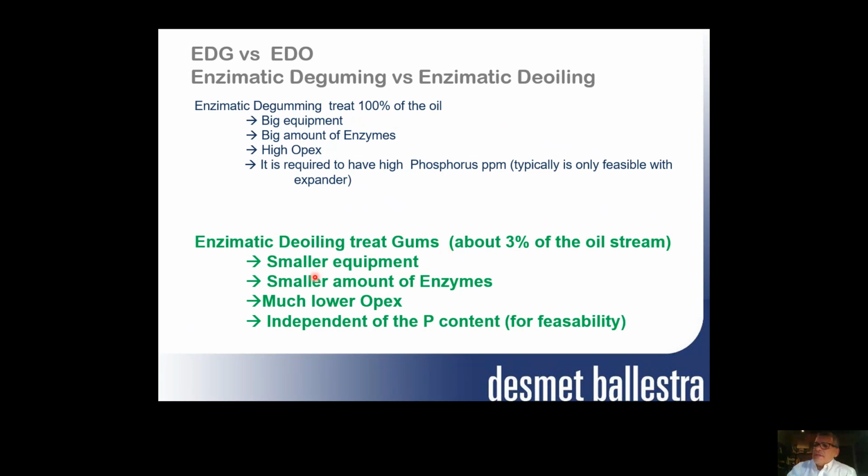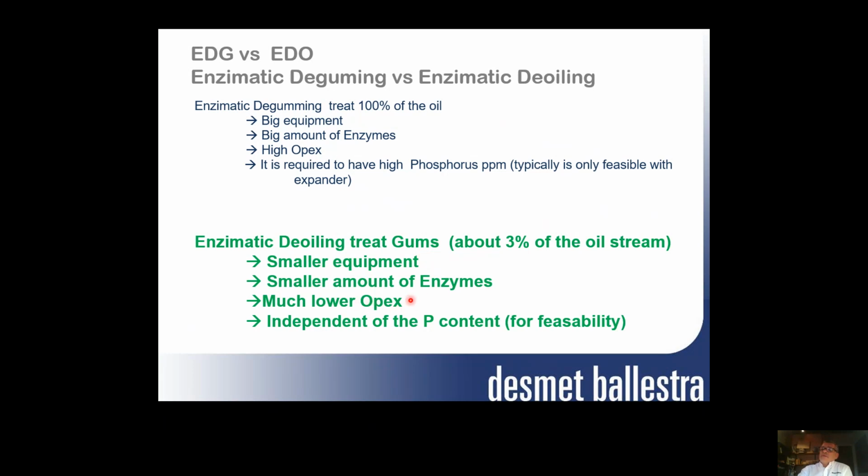So naturally, with a similar density, it is much smaller equipment, a smaller amount of enzyme, which is the most important, which leads us to a much lower OPEX, the operational expenses, because the enzymatic consumption is lower.